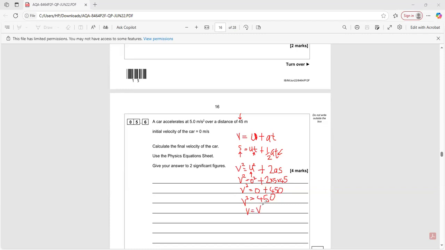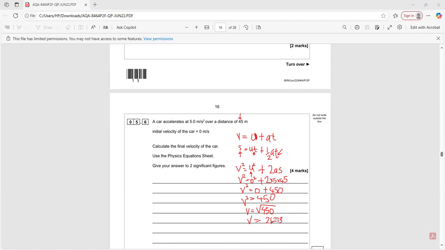Can you help me find the square root of 450 from your calculator to 2 significant figures? 21.213.